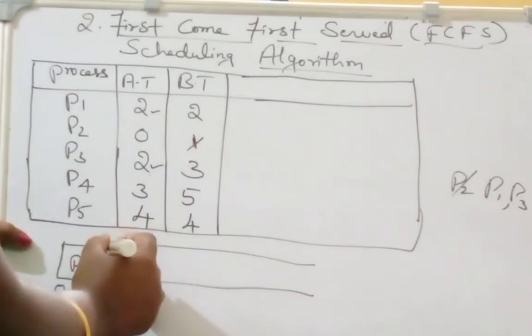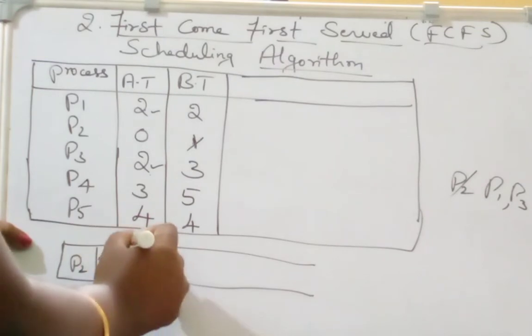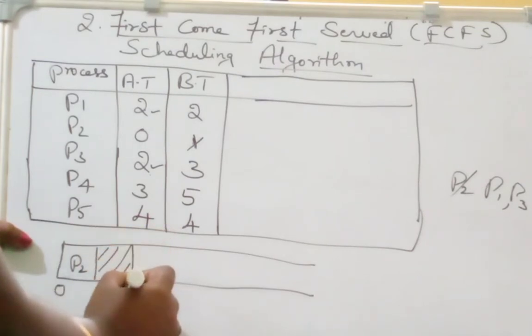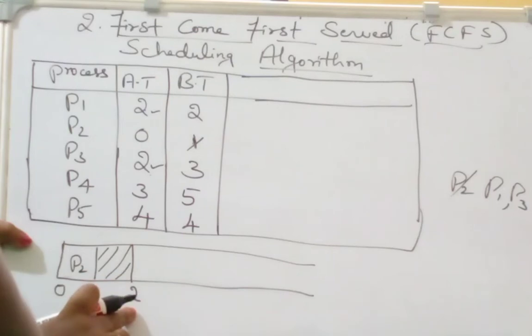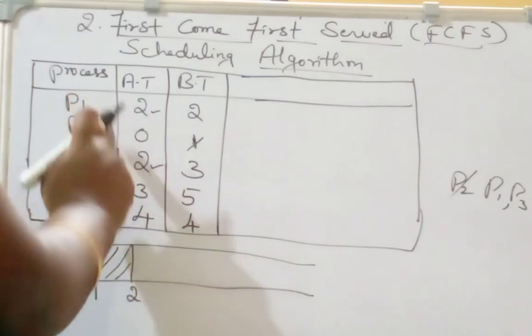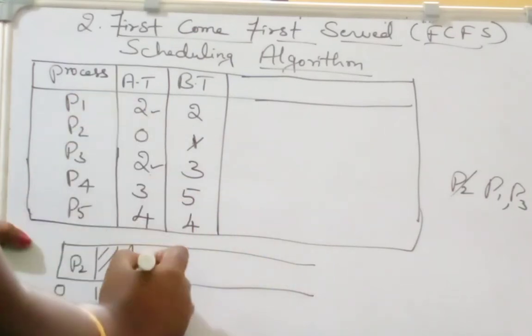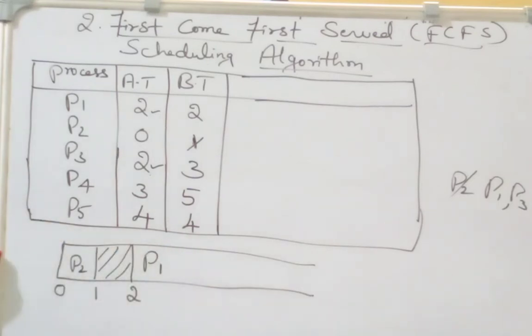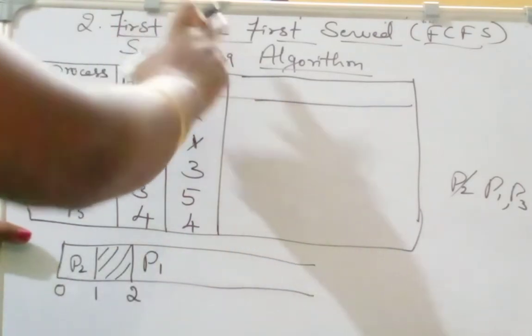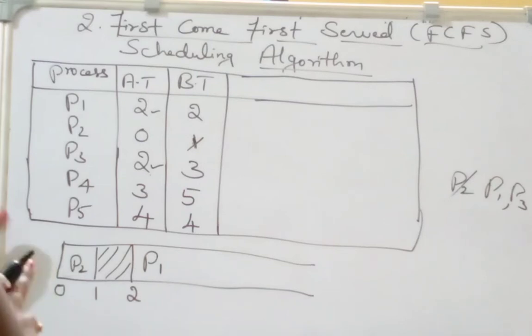At time interval 2, nobody was there before. After 2, P1 and P3 arrived, and the chance was given to P1 to execute. Since it is first come first served, it will hold the CPU till its complete execution.